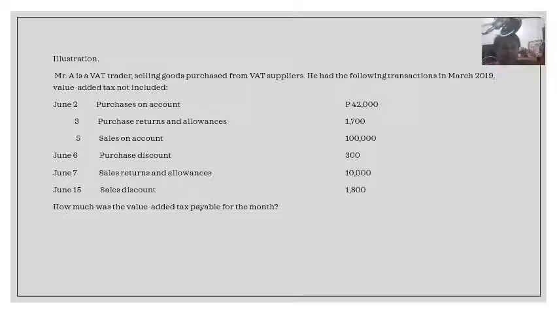So, yun lang naman. Pero mayroong present na downward adjustment. That is yung sales returns and allowance at saka yung sales discount na 10,000 at saka 1,800 respectively. So, 100,000 minus yung total ng dalawa, 11,800 is equal to 88,200. So, yun yung adjusted gross selling price mo. I-multiply mo yan, syempre, ng 12%. So, magkano ang output tax mo?